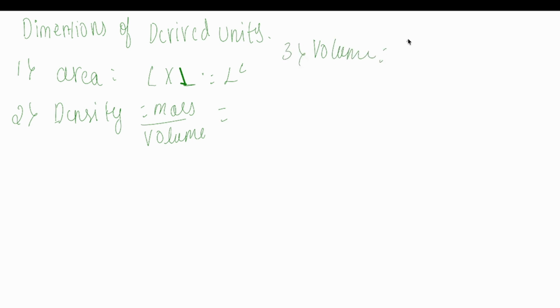We know volume is length into length into length, which is length cube. So the dimensional formula of density becomes M power 1 by L power 3, which converts to M power 1 L power minus 3 as I'm shifting it up. As we know, positive turns into negative, negative turns into positive.